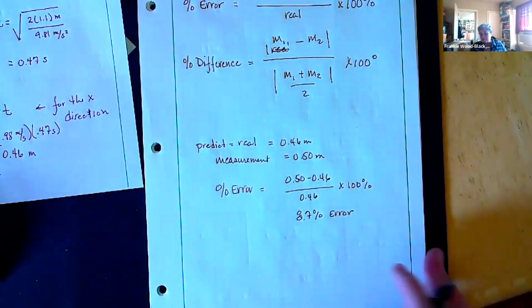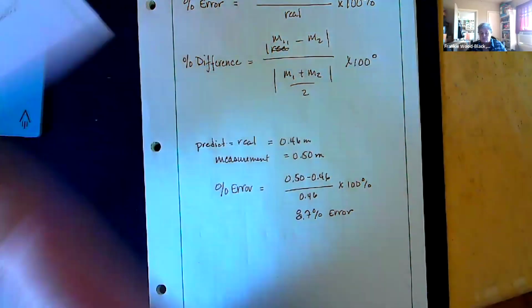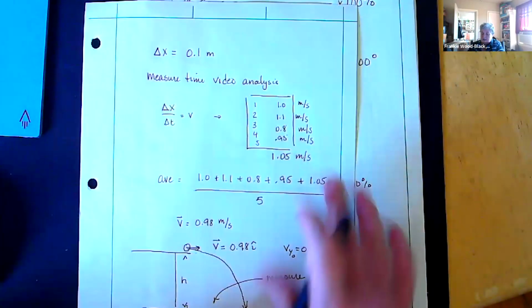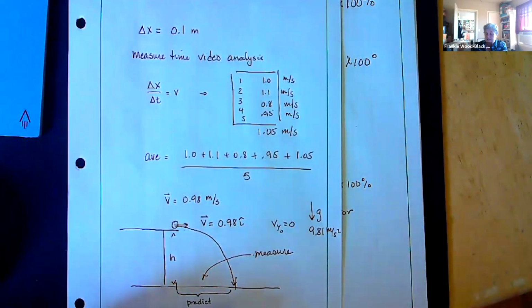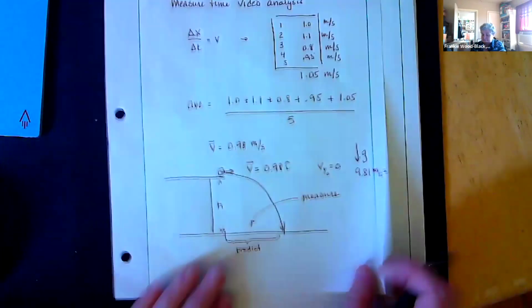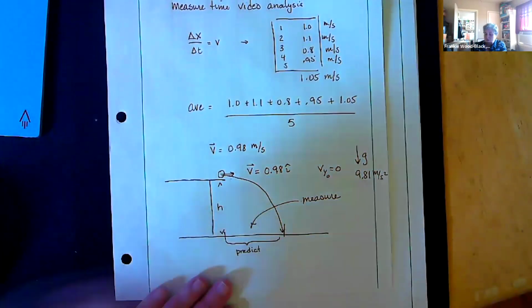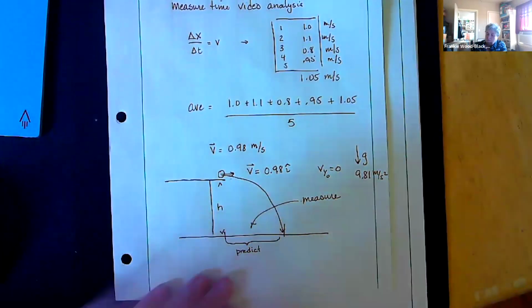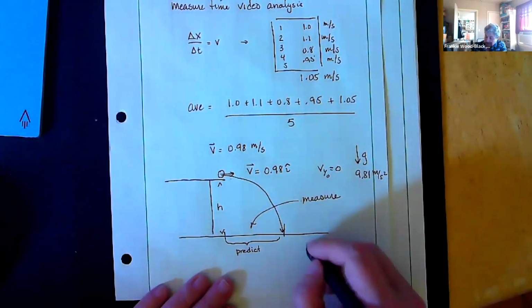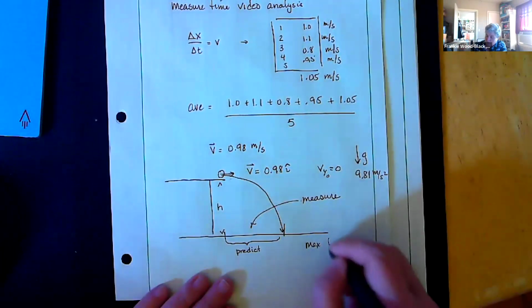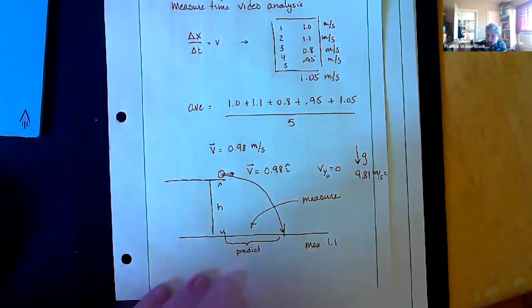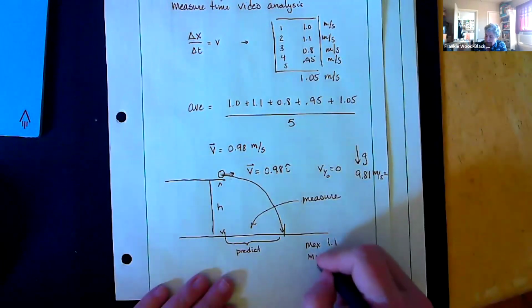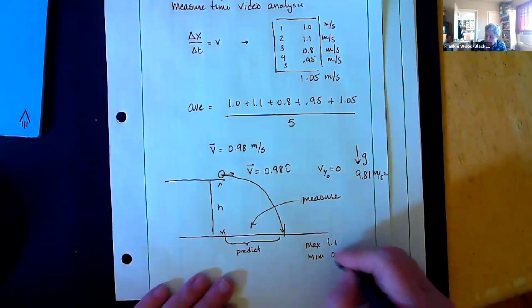Now, in this lab, because we're going to do this 5 different ways, we actually can give ourselves a target. We actually can give ourselves a range, because we had a maximum of 1.1, and we had a minimum of 0.8.